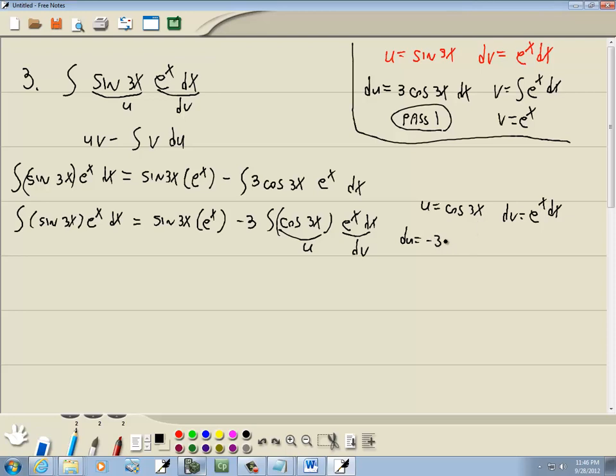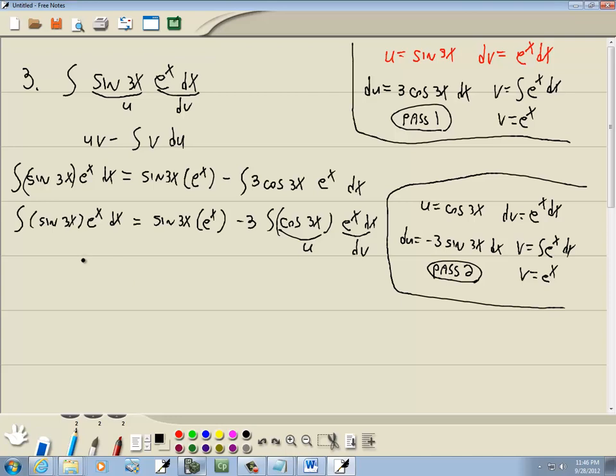So we're going to have negative 3 sine 3x dx, and for v we'll take the integral of that, which just gives us e to the x. And this is pass 2.